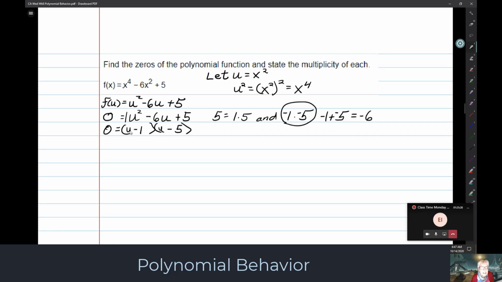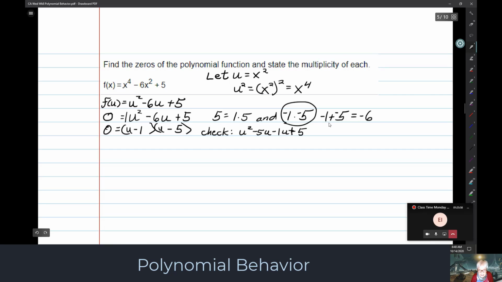Ta-da! Double check. U times U is U squared. U times -5 is -5U. -1 times U is -1U. -1 times -5 is 5, which, if I check this, gives me U squared minus 5U minus 1U plus 5.